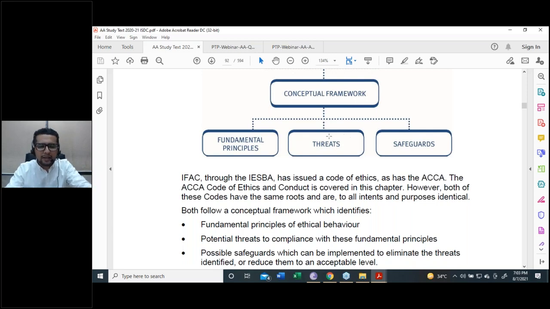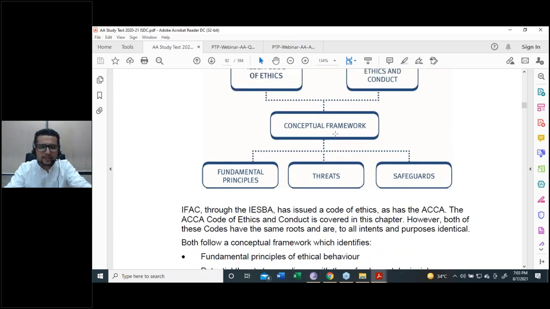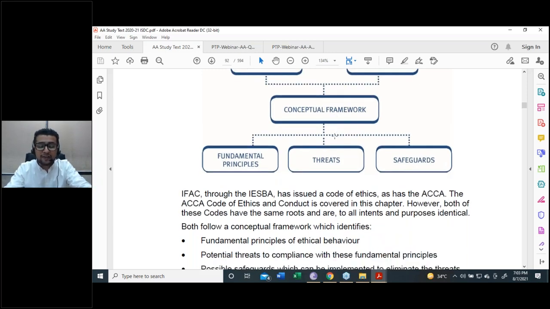The first minor area of the day is ethics. Ethics is a very important part of the overall ACCA. Our professional body, ACCA, pays huge respect and gives huge importance to this particular topic.